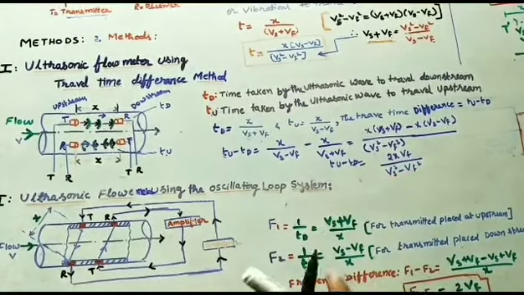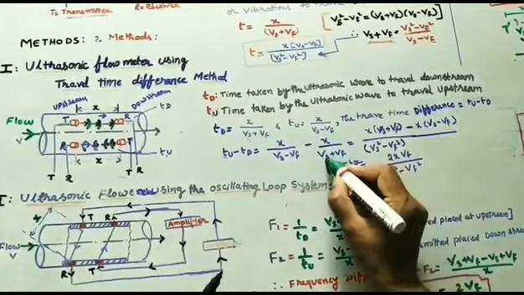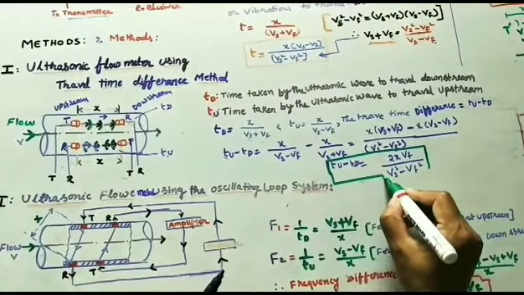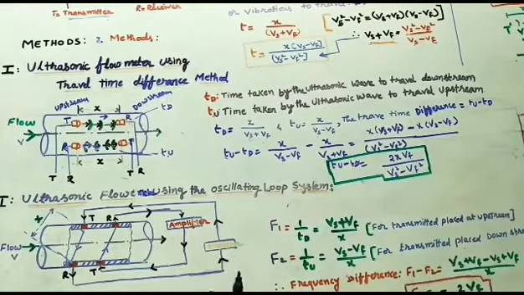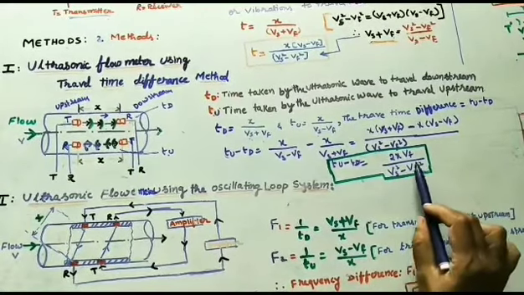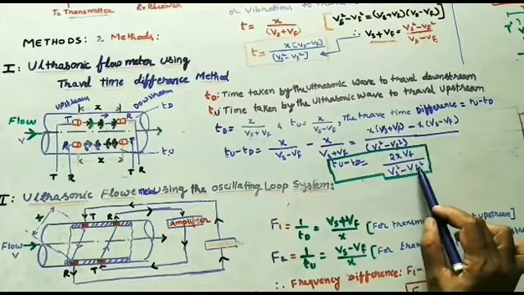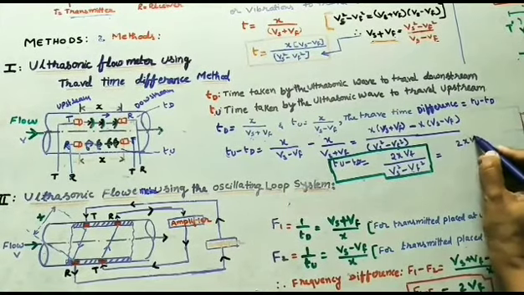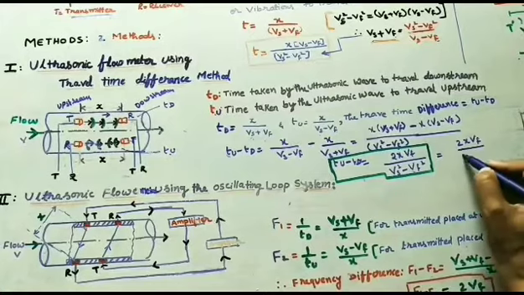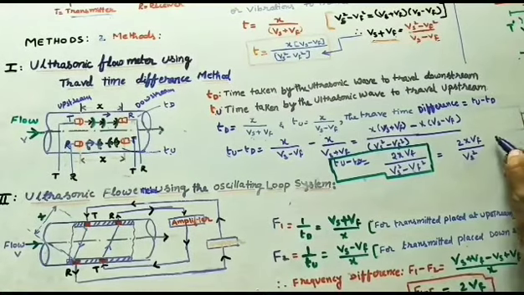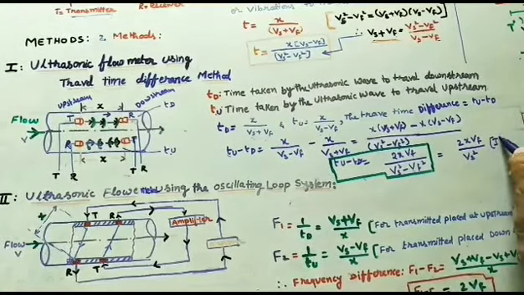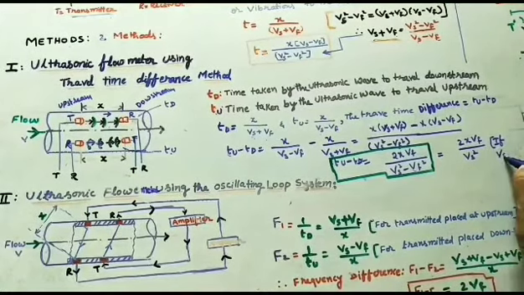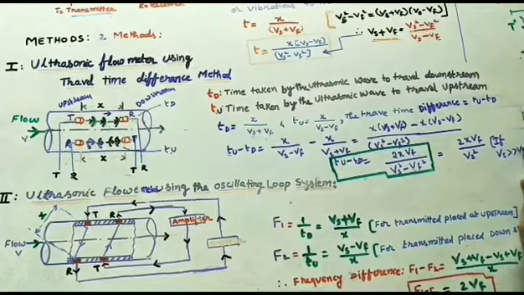Okay, so in this formula, if the flow velocity is very small, we can rewrite it as 2x Vf by Vs square, in case Vs is greater than Vf.